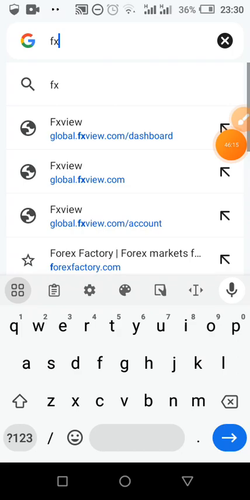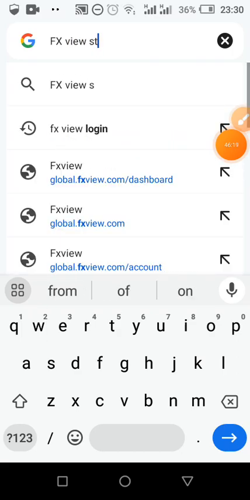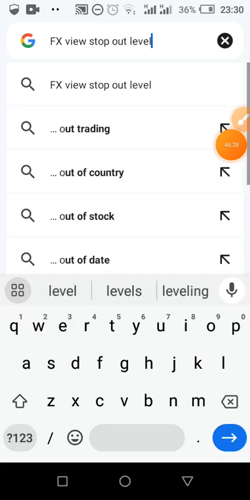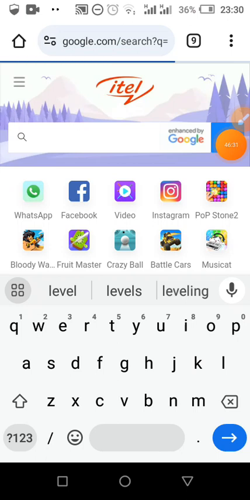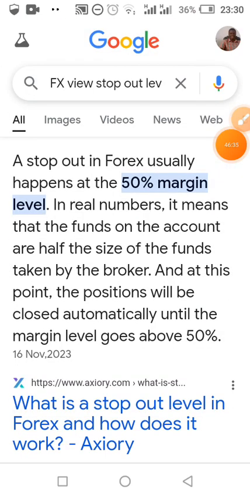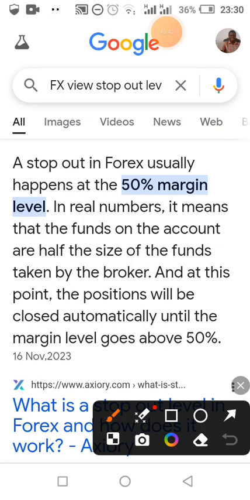So for most brokers, you can see the minimum margin they require as your maximum by just typing stop out level. Usually it's 50% for most brokers. Okay, so you will see that it's actually written here, a stop out in Forex usually happens at the 50% margin level.